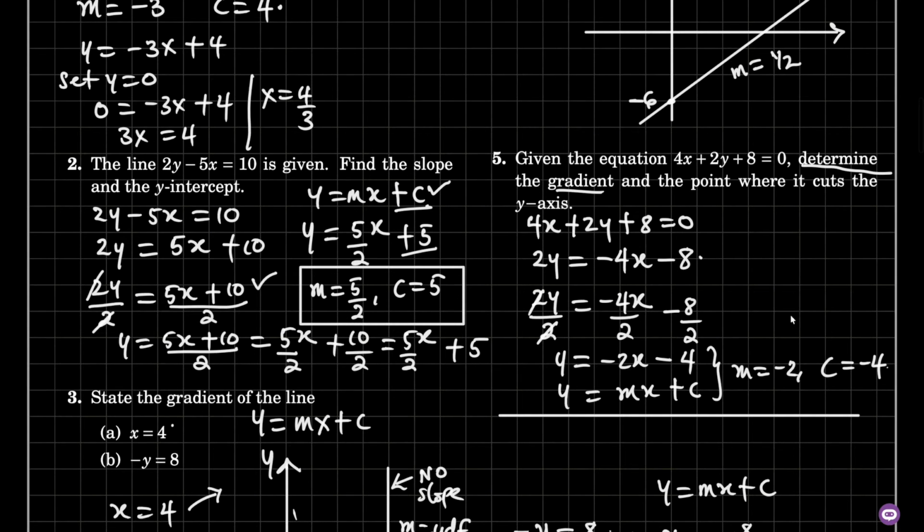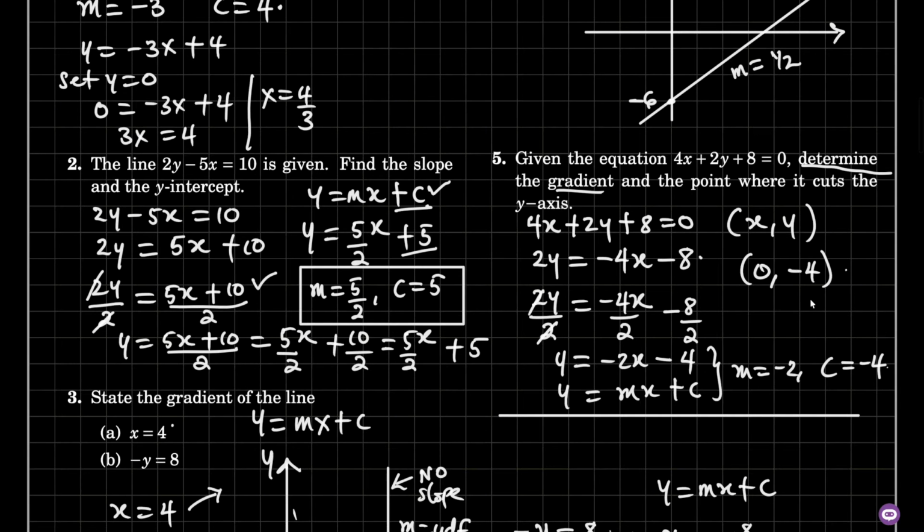Right, so which means that if we want to write this in form of coordinate, then remember that your coordinate is written as x comma y, and y-intercept on the y-axis, x is 0, so which means that you have 0 comma minus 4.